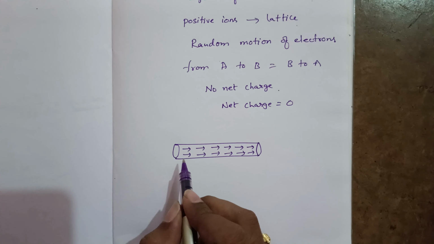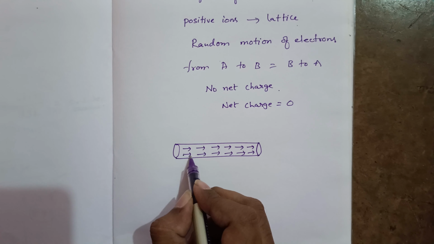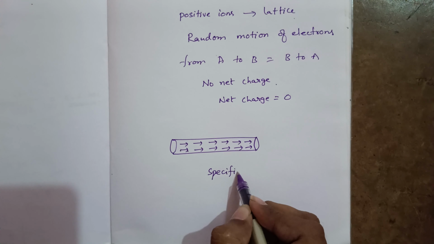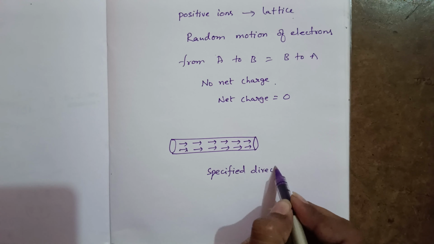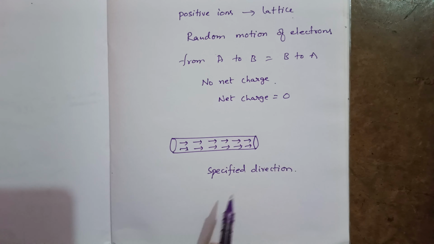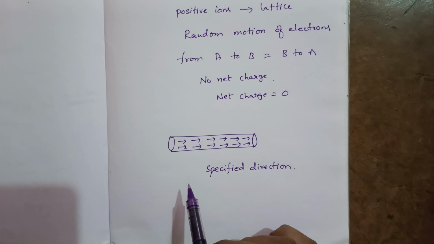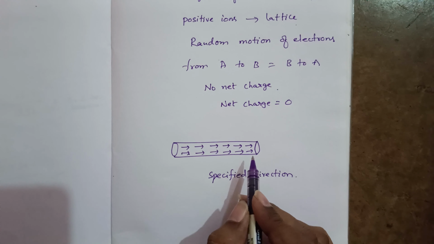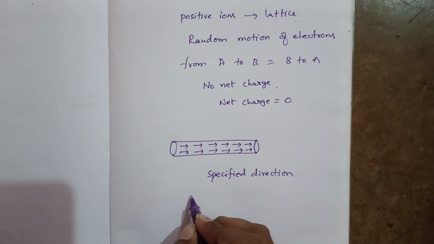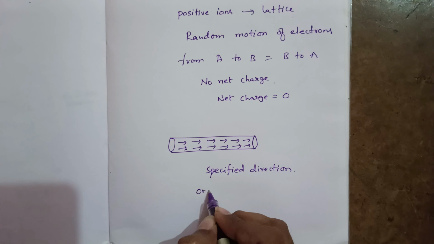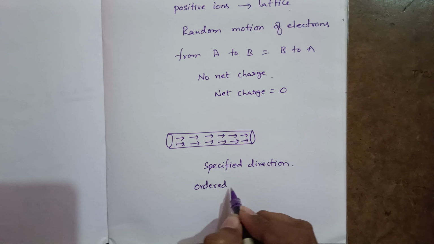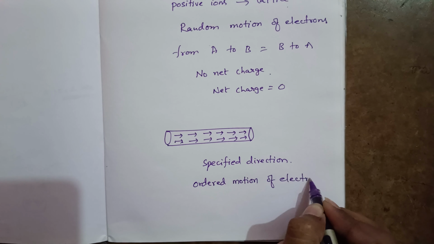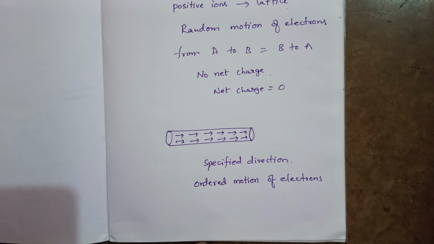Then the electric field makes the electrons move in a specified direction, a particular direction. That moving of electrons in a specified or particular direction is known as ordered motion of electrons.